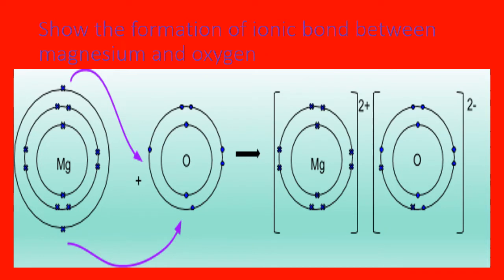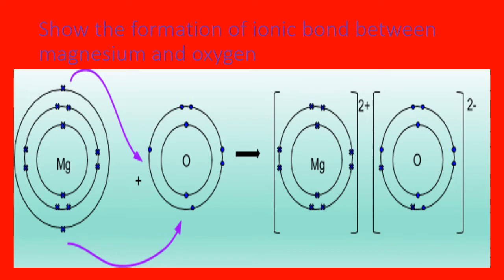Again, let's look at the Bohr diagrams of magnesium and oxygen to see the formation of an ionic bond and ionic compound. Magnesium has 12 electrons: 2 in the first shell, 8 in the second shell, and 2 in the third shell.